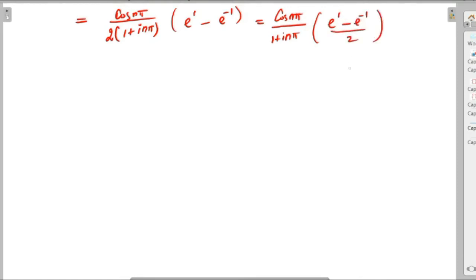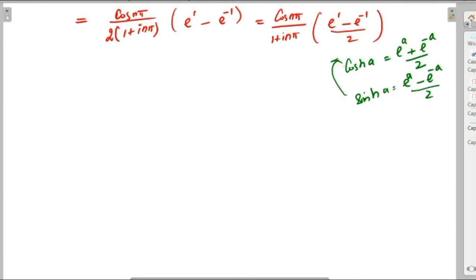So this is nothing but cosh a equal to (e^a + e^−a) divided by 2, and sinh a equal to (e^a − e^−a) divided by 2. Now I am going to apply the second formula.